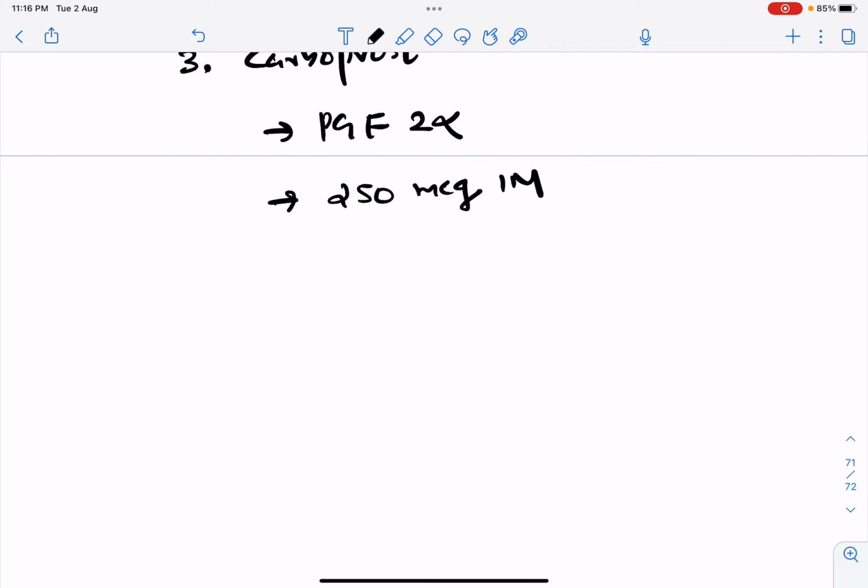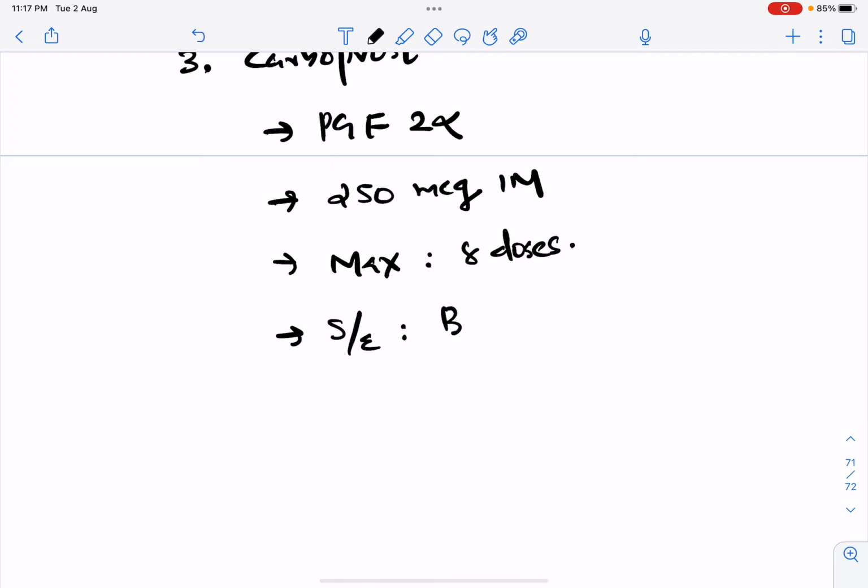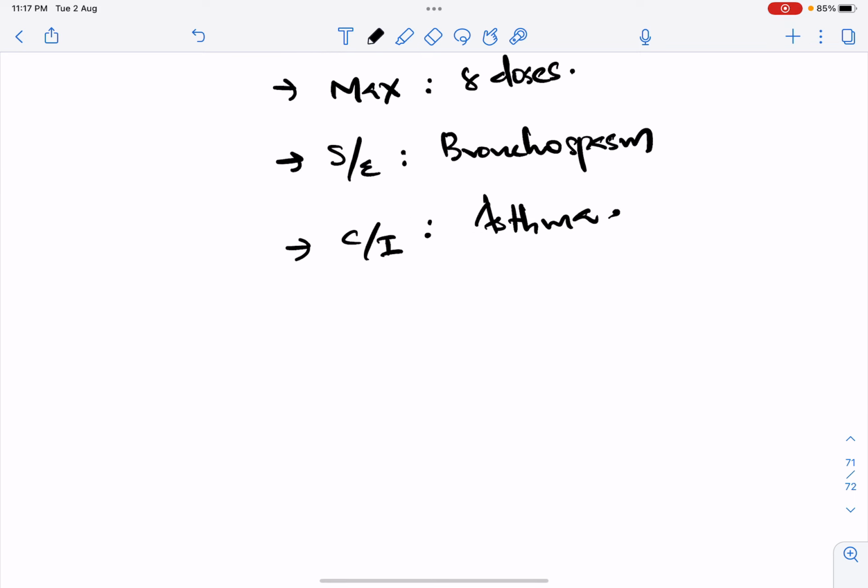You can give a maximum of 8 doses. The side effect of this drug is bronchospasm, so it is contraindicated in asthma and also in cardiac patients.